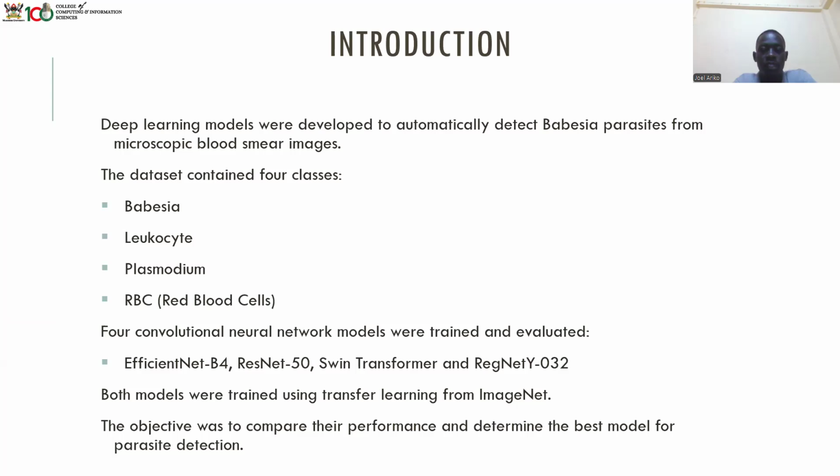The 4 models that I trained and evaluated were the EfficientNet B4, the ResNet 50, the Swin Transformer, and the RegNet Y032. All models were trained using transfer learning from ImageNet. Then the objective was to compare the performances and determine which model to deploy based on the performance metrics.